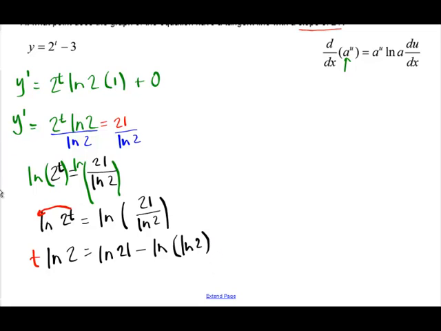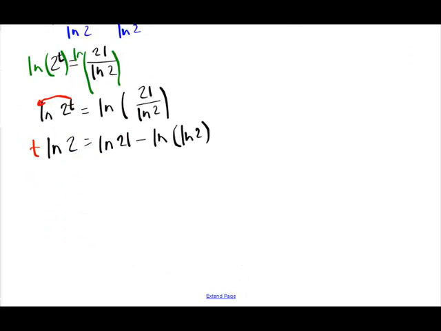And the last step then is to get that t all by itself. So how would you do that? Divide everything by the natural log of 2. So it looks really weird, but don't panic, because then we're just going to punch that right hand side into our calculators.